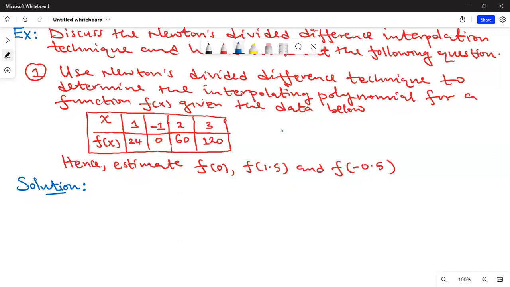So the polynomial takes the form, so write the Newton's divided difference interpolating polynomial, that's an abbreviation, takes the general form.